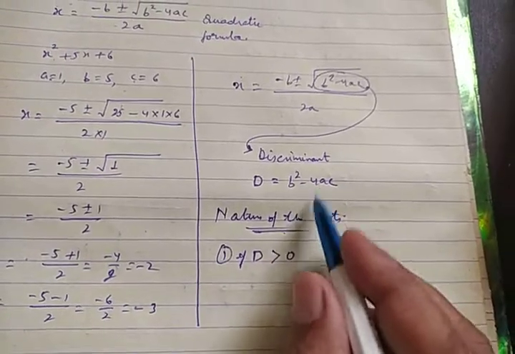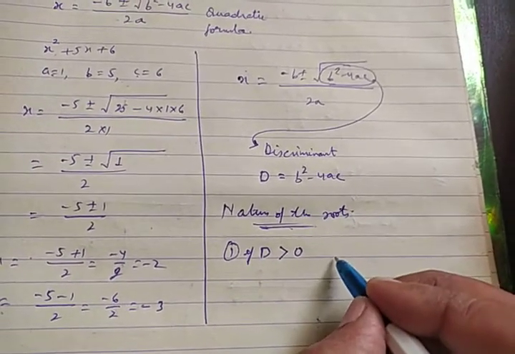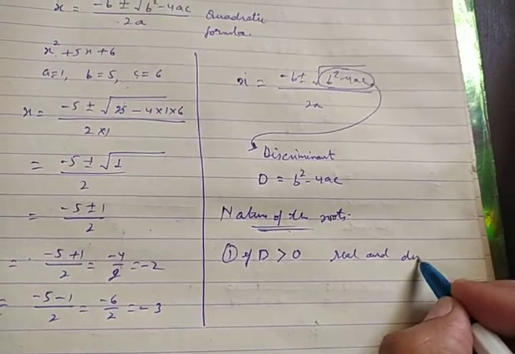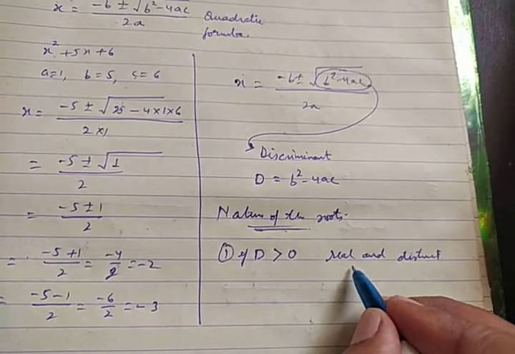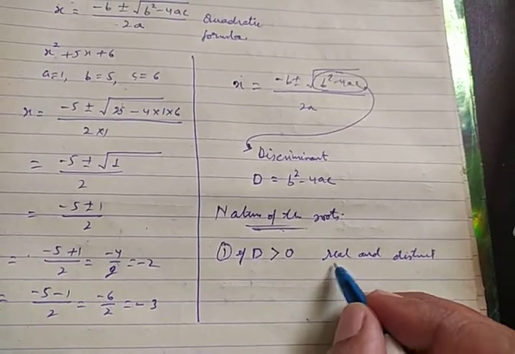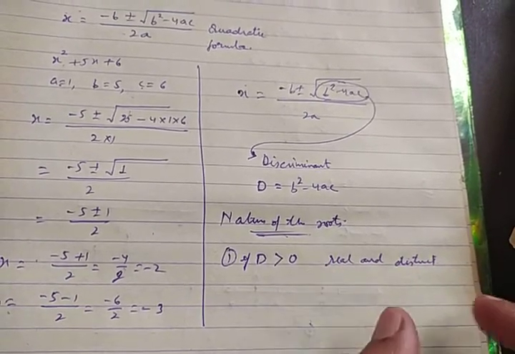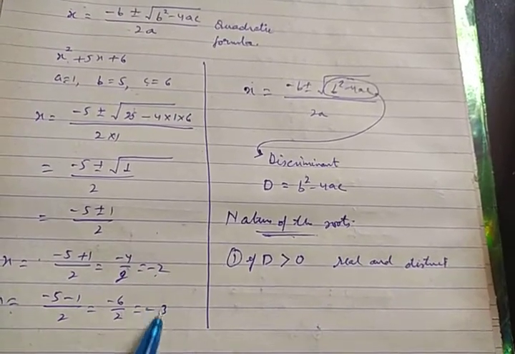Whatever value is coming, if it is positive, it means it is greater than 0. The roots would be real and distinct. Real means all the values which can be plotted on the number line. And distinct means separate values, these are two distinct values.